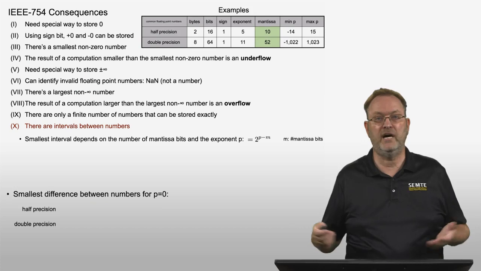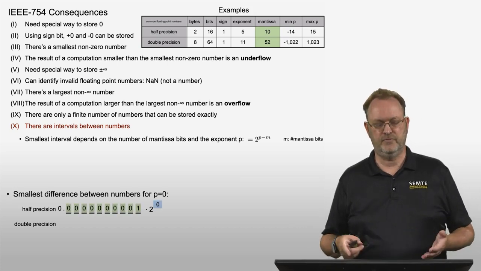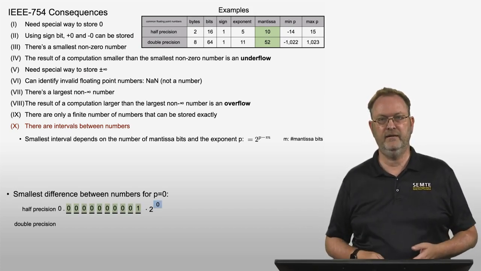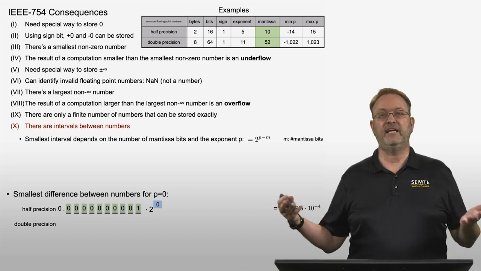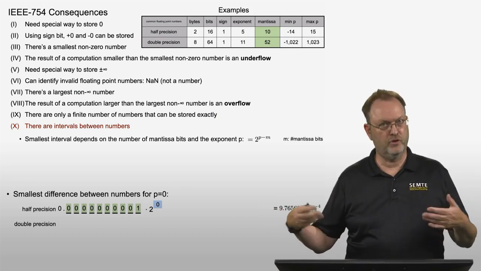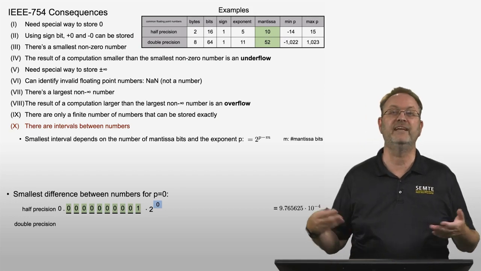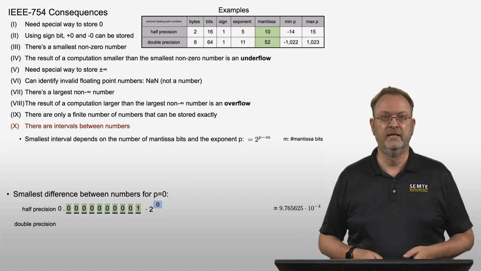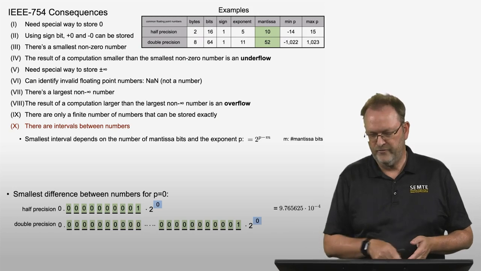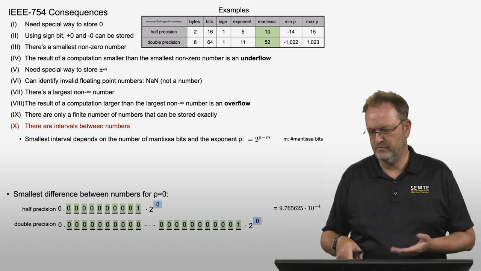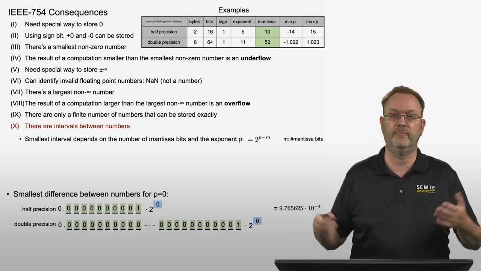So what is this for half precision numbers? The smallest difference is all zeros, 1 at the end. If the exponent p is equal to 0, so order 1 numbers, the smallest difference is 9.76 and so on times 10 to the power negative 4. And for single precision numbers, we have more mantissa bits, times 1 at the very end times 2 to the power 0.